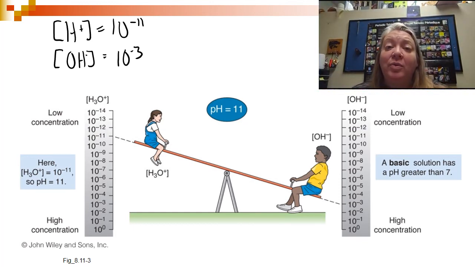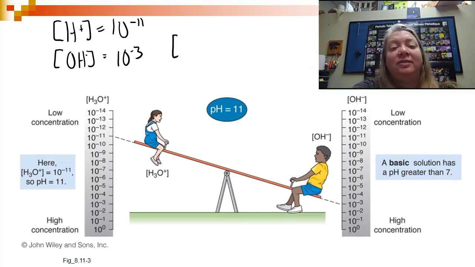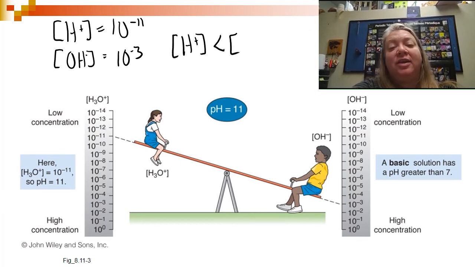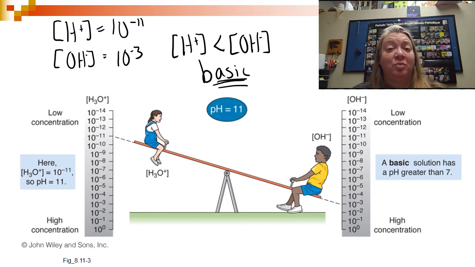Well, if you remember what it means, if you write them longhand, it means that we have a lot more OH minus than we do H plus. Or we could say that the H plus concentration is less than the OH minus. That means that we have a basic solution. We have more hydroxide than we do hydronium.